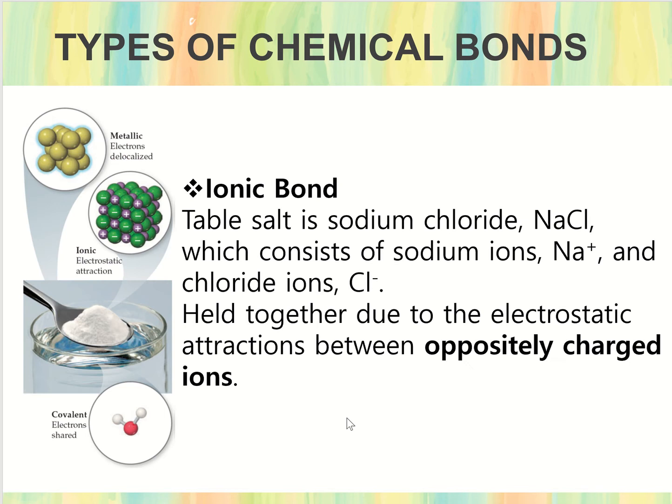So, continuing this review, the ionic bond, and the most popular perhaps that you might know of is your table salt, right? It's sodium chloride, NaCl, and it consists of sodium ions, which are positively charged, and chloride ions, which are negatively charged.